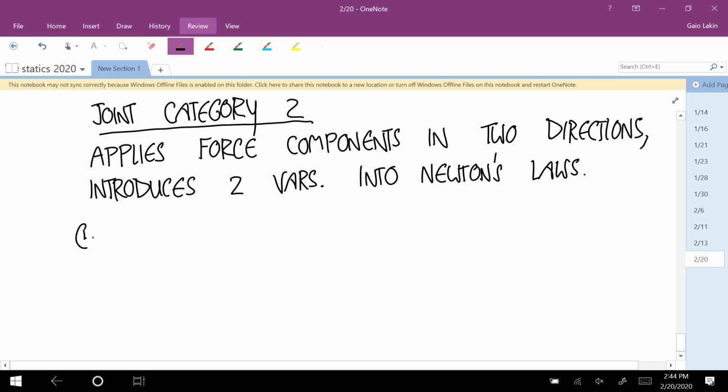And the only joint in this category is a wheel with a preferred direction.